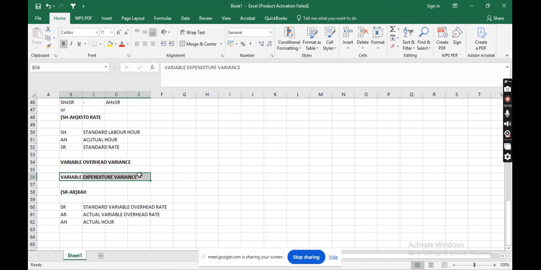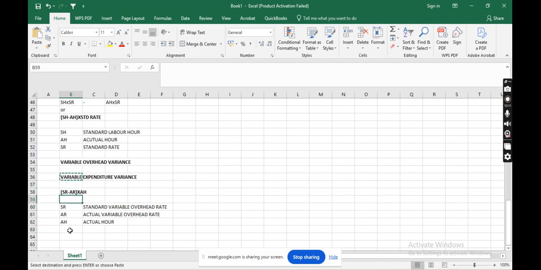Right? So variable overhead expenditure variance makes use of the labor rates. That is why I just copy and paste the formula. So the efficiency is still the efficiency of what? The efficiency of labor, right?